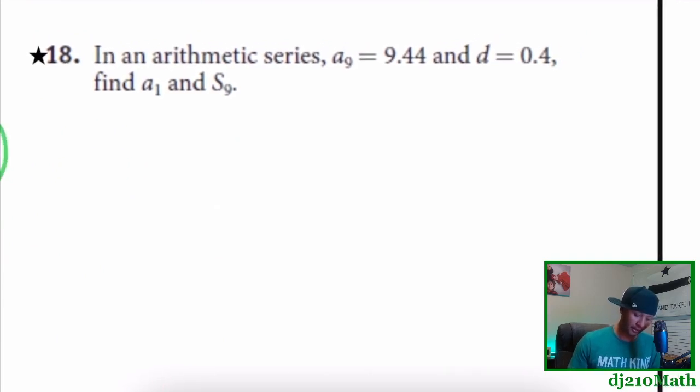So now we're looking for a sub 1. All right, a sub 1. How can we get there from a sub 9? Probably brute force. Subtracting 0.4 each time. a sub 8 would be 9.4.